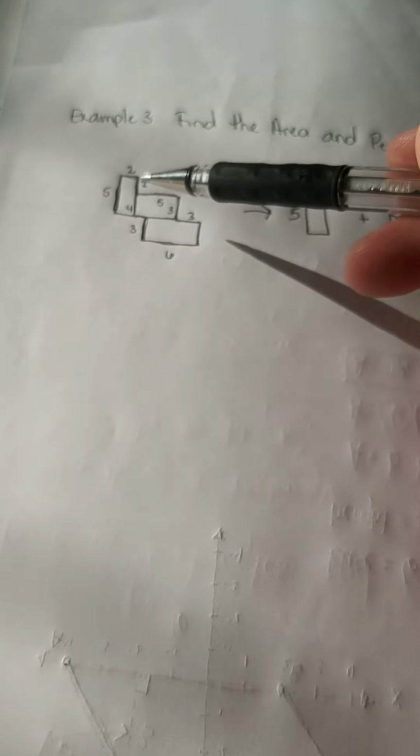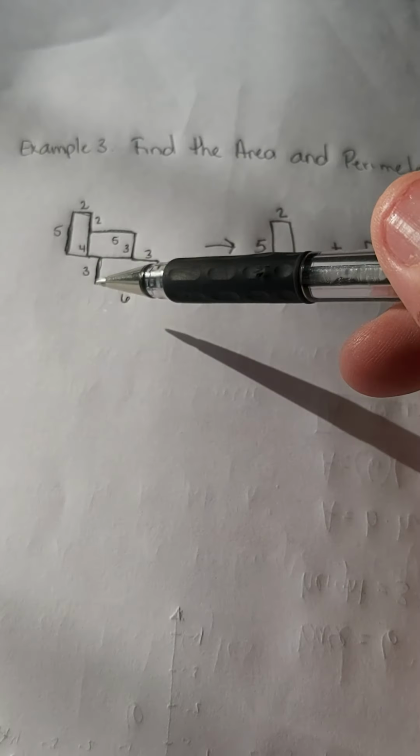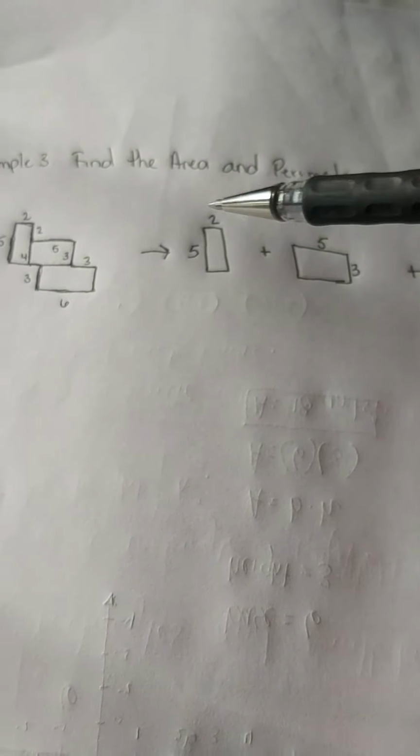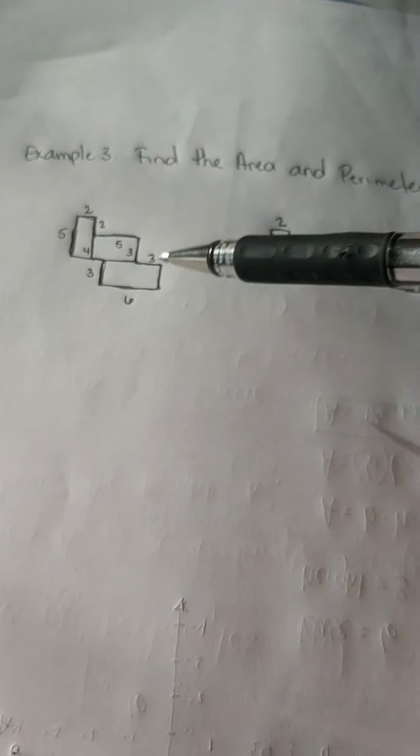We created this composite figure by using 3 rectangles in this case. Okay, this composite figure is equal to this rectangle plus the third rectangle, right? Okay, so here we have our composite figure using 3 rectangles in this case.